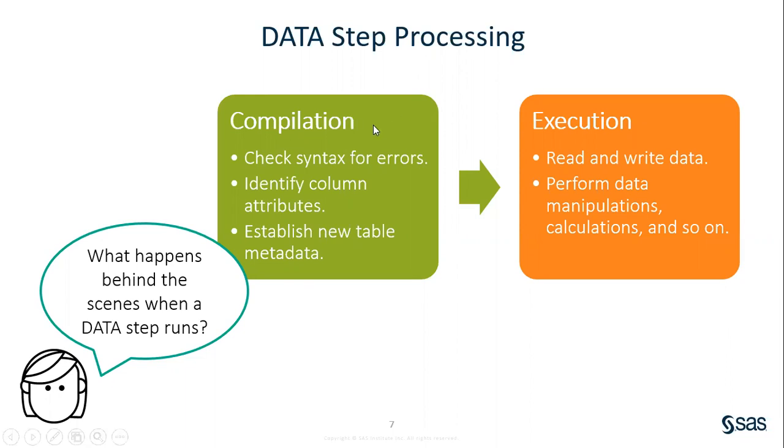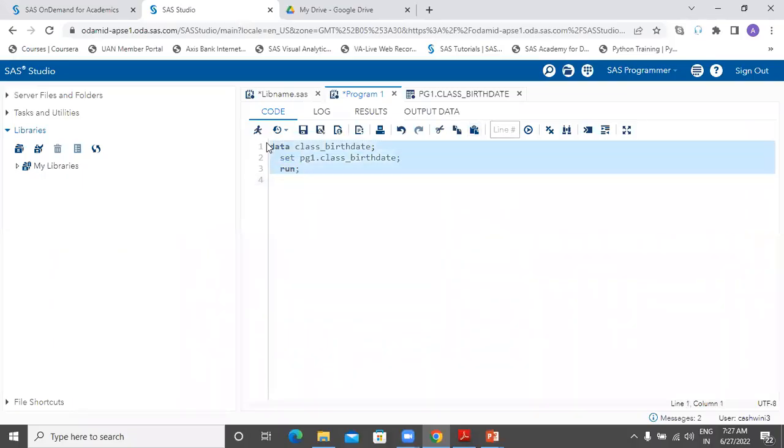So what is the compilation phase? The word itself, compilation, means it compiles the required things to process your data. First and foremost, always understand that whenever we submit a step, either a data step or a proc step, SAS always reads the step sequentially from top to bottom and the statements from left to right.